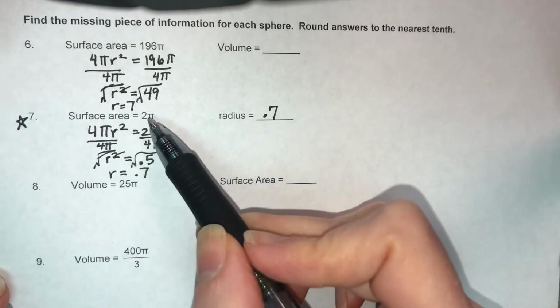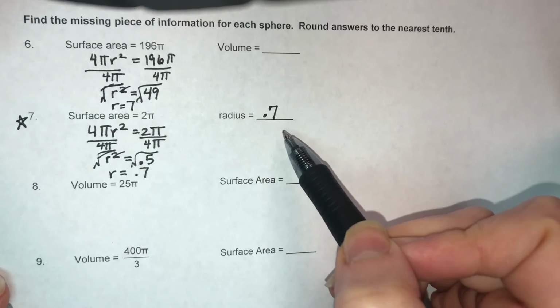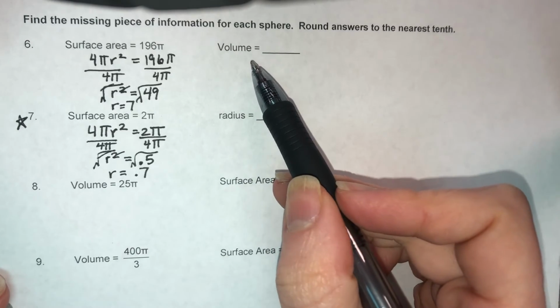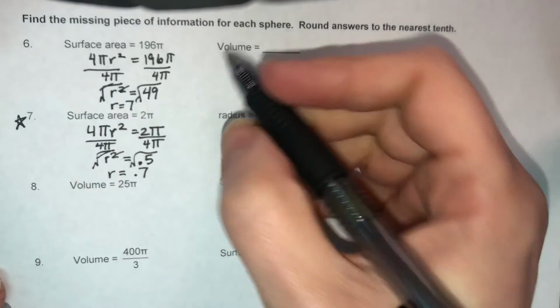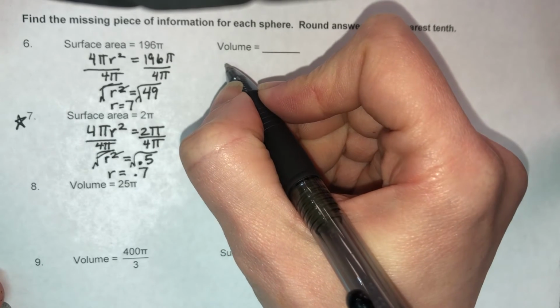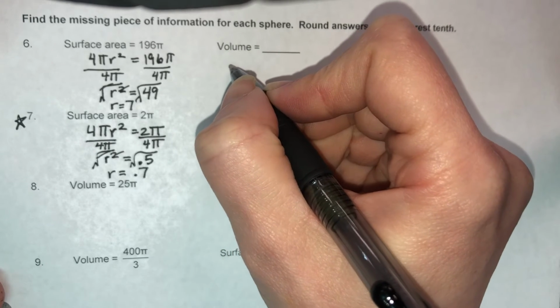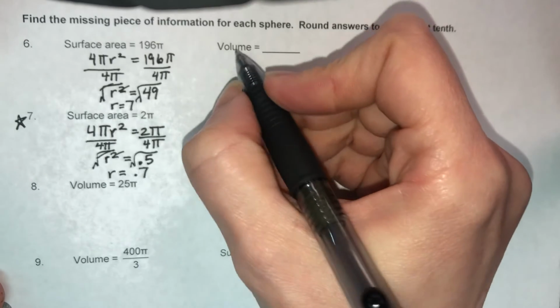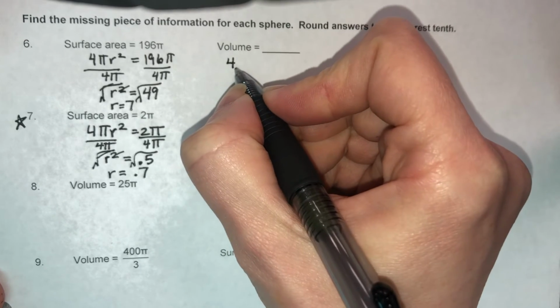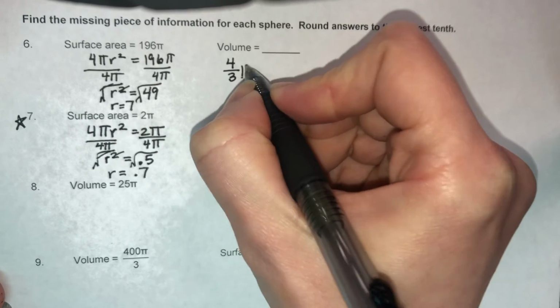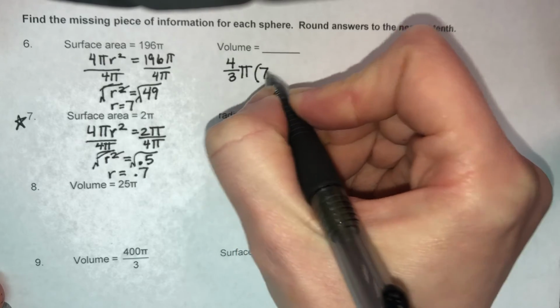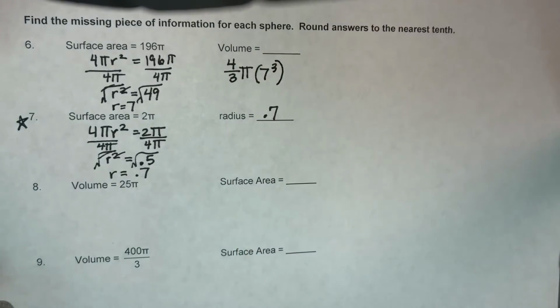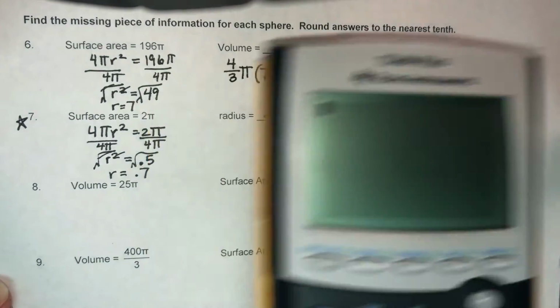Now what makes this problem harder is they didn't ask me for the radius, they asked me for the volume. So now I have the additional step that I have to calculate the volume of the sphere. So the volume formula for a sphere is 4/3 pi times 7 cubed. So I'm going to put that in my calculator.